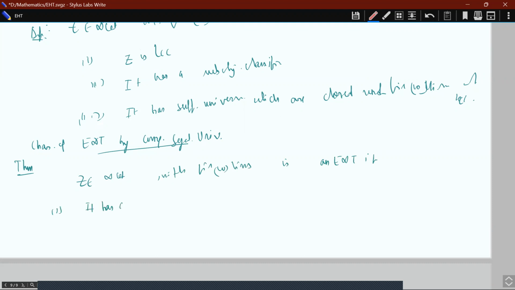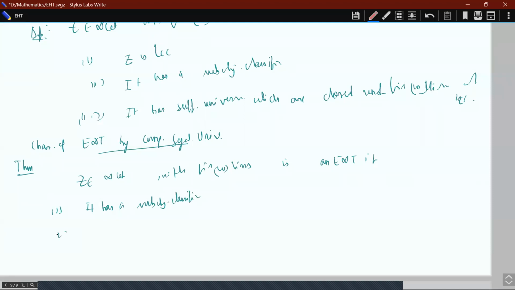It has a subobject classifier, and it has sufficient complete Segal universes closed under the same closures that we have: finite limits and colimits, and locally Cartesian closed.